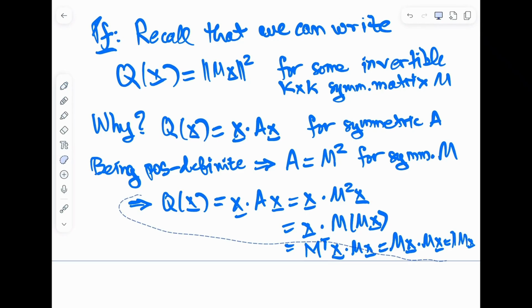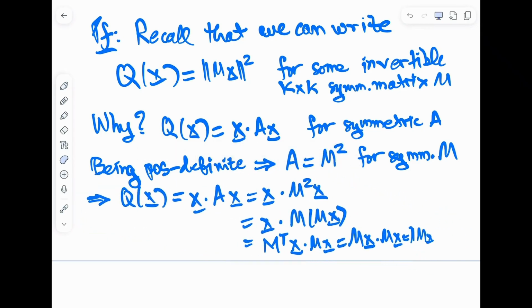Let's move all this over a little bit. So all positive definite quadratic forms look like length squared, but you might have to apply an invertible matrix first, and then you get them to look like that.